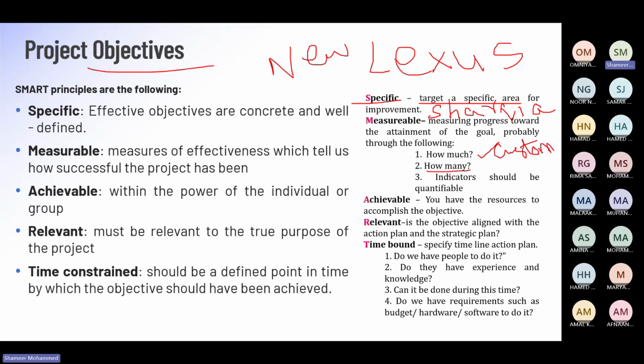You targeted, say, the age group of 20 to 30, or 30 to 40, or 50 to 60. Who are the people you contacted? That is the measurement. You contacted these schools, colleges, hospitals, banks. So that is the measurement for your objective to launch the new Lexus car.